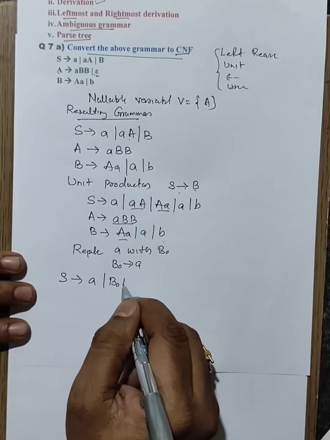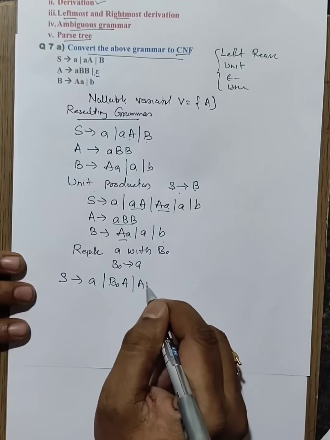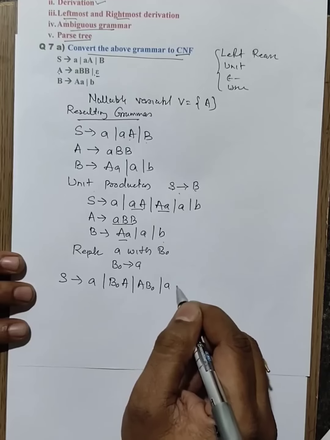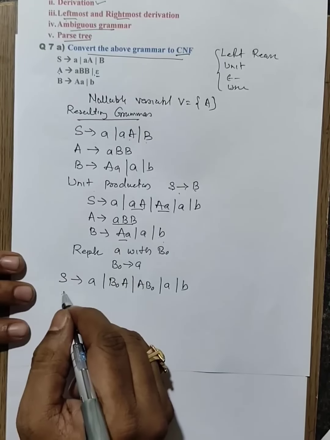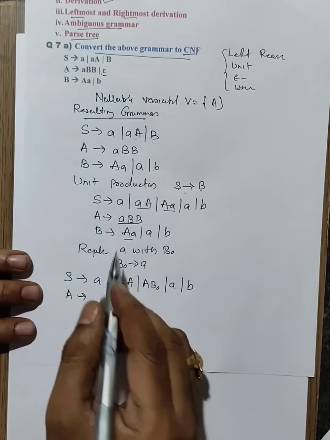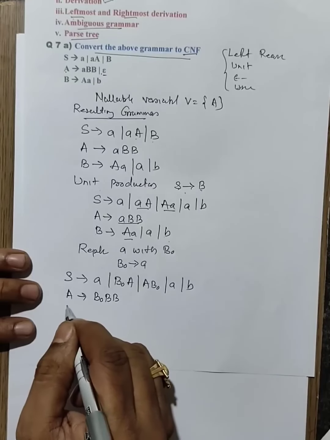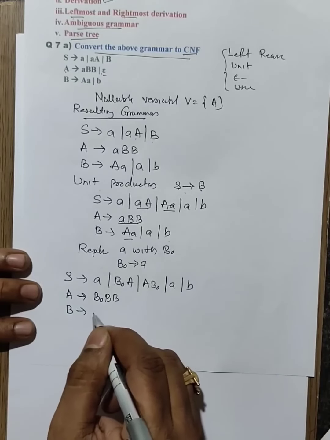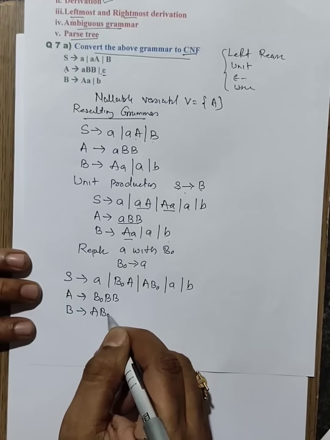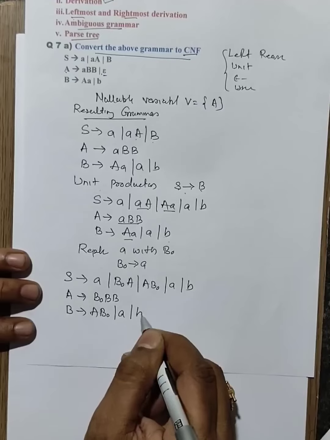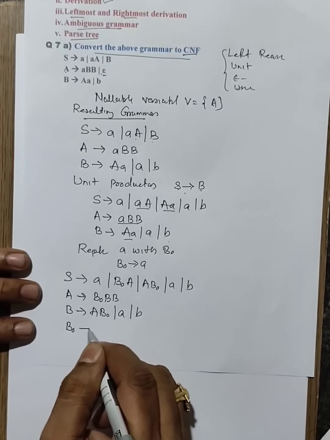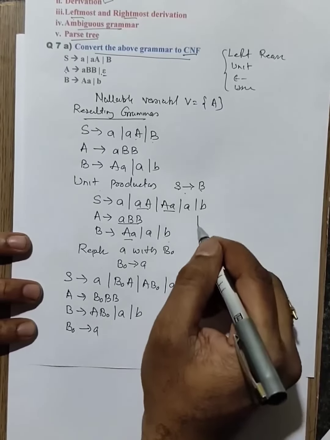Then B0 A, B0 A, then B. And from A, what is coming? B0 B, and B produces A, B0 A, B, and B0 produces A.